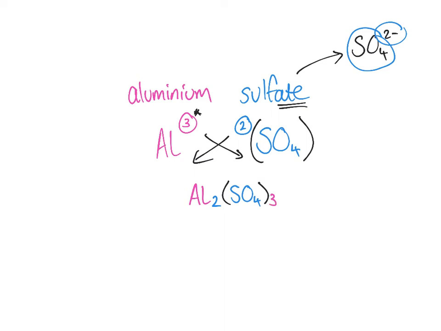So have a look at the colour coding of that and see that you understand where each of those numbers came from. Al is your symbol for aluminium. 2 came down from the valency of your sulfate. Then we put the sulfate formula in brackets, the SO4 in brackets. And then that 3 came from the aluminium. So be careful with those examples that involve brackets.